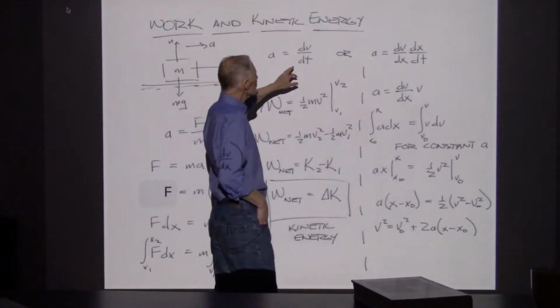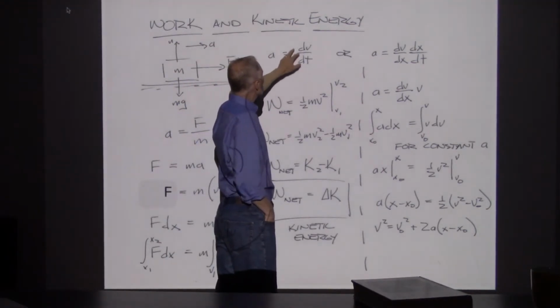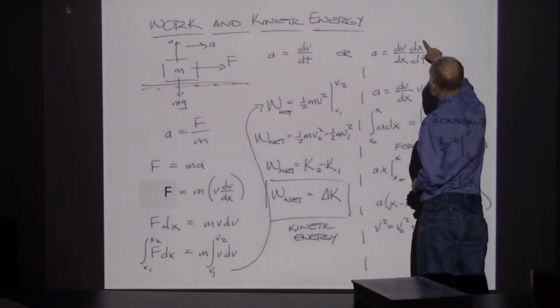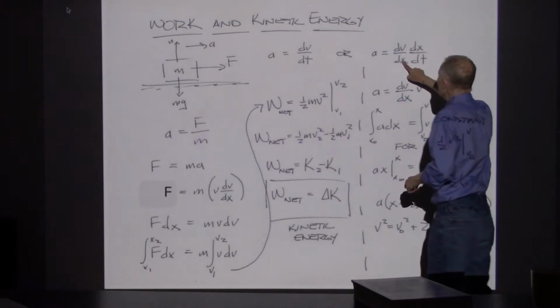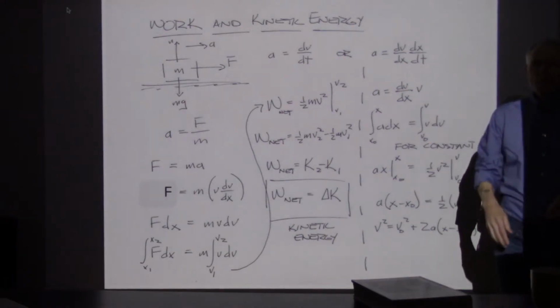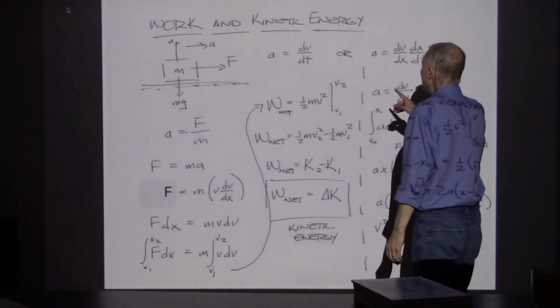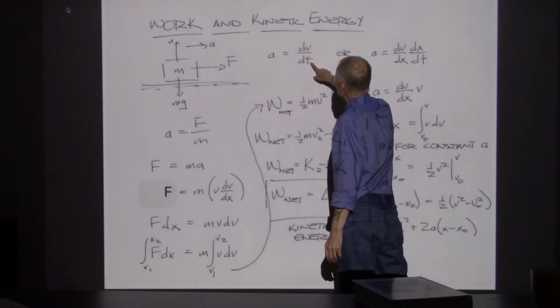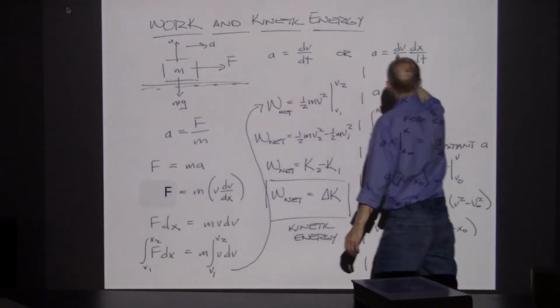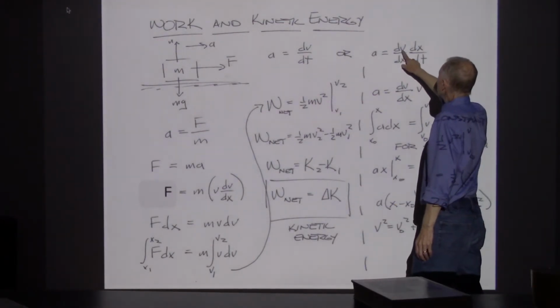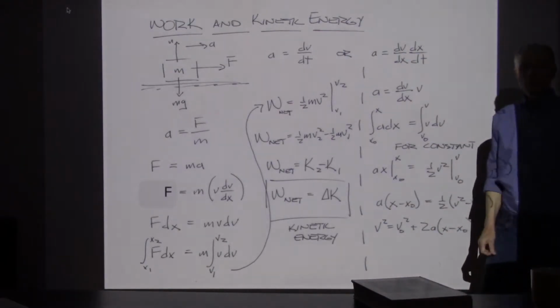And so what we do is we use a mathematical trick here. We can take dv dt, and we can multiply the top by dx, and we can multiply the bottom by dx. Now remember, the dx's and the dv's and the dt's, they can just be moved around like variables. What this is saying is, during a short interval of time, the object displaces by a small distance, and the velocity varies by a small amount.